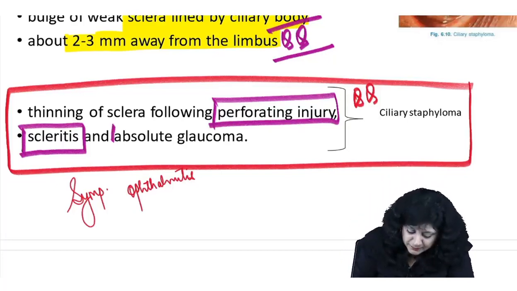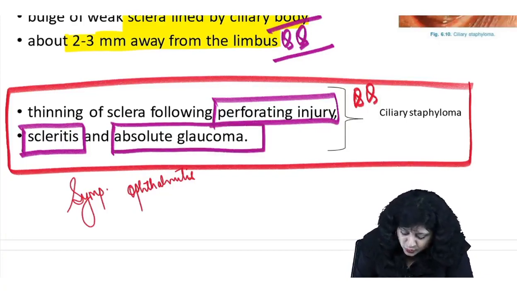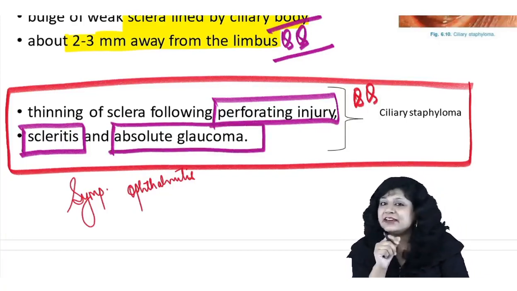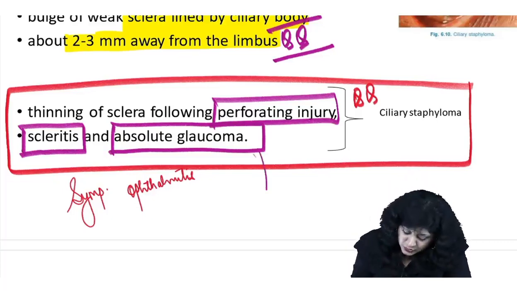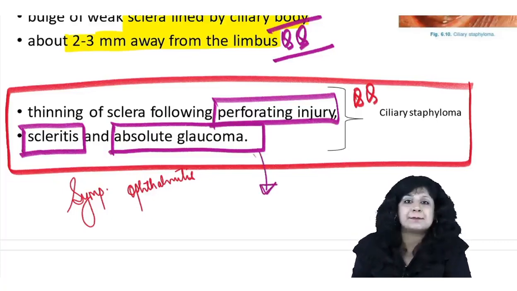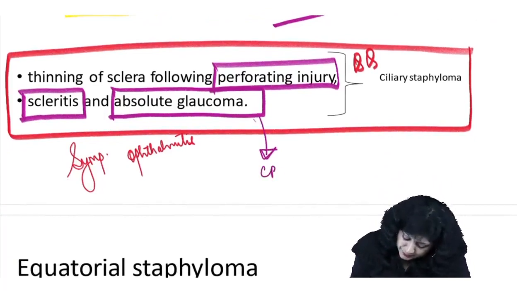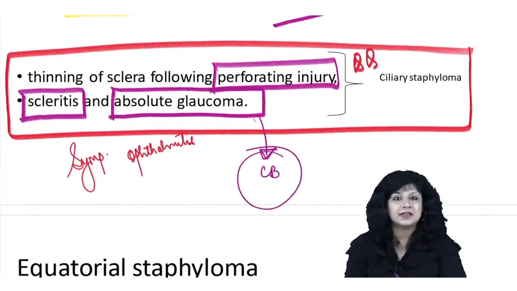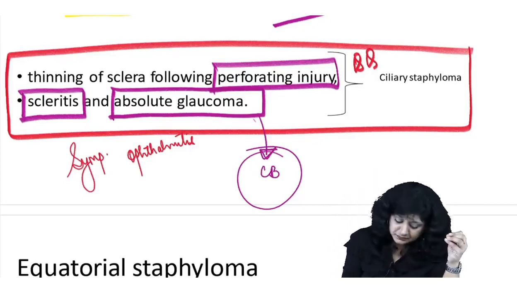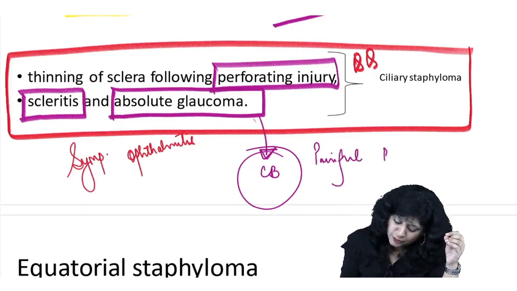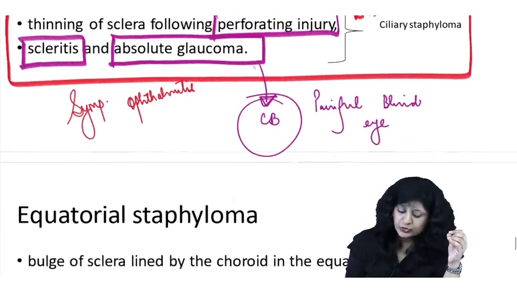And the third important thing is absolute glaucoma. Why am I getting ciliary staphyloma in absolute glaucoma? Because in absolute glaucoma, it is the ciliary body which is getting affected. You know, in the last stage, when there is a lot of pain but the eye becomes blind, we have a painful blind eye in cases of absolute glaucoma.